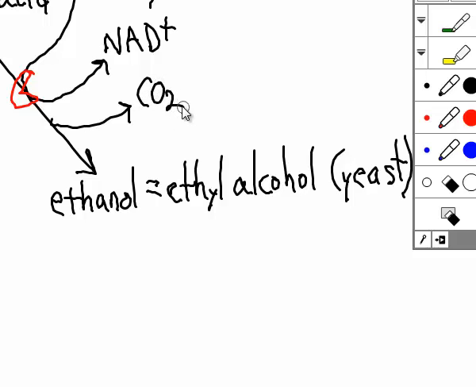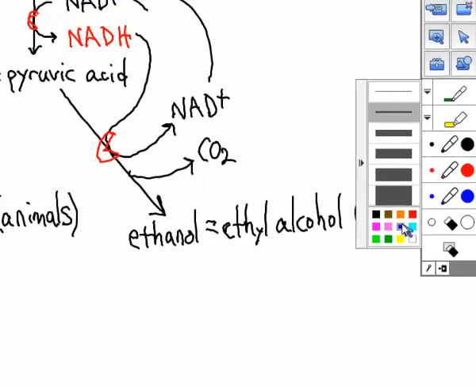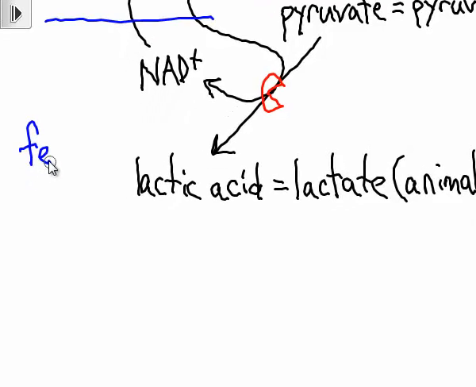Like thousands of years ago, people picked grapes and squashed them up in little buckets, and if it was deep enough and oxygen couldn't get to the bottom, then they'd start to ferment. In fact, these biochemical pathways that don't use oxygen, from turning pyruvate into these other chemicals, are called fermentation reactions.